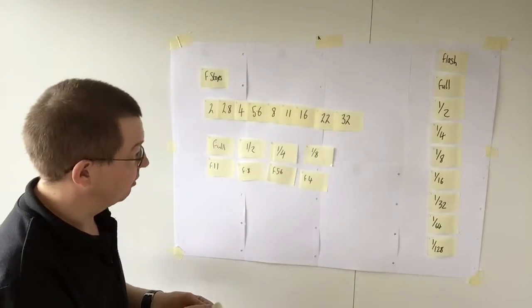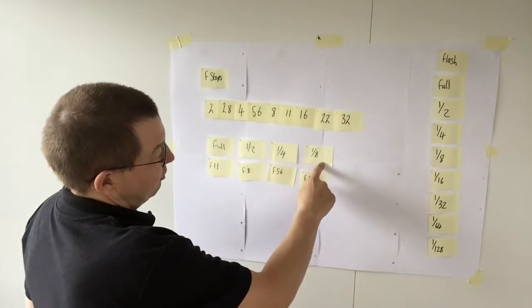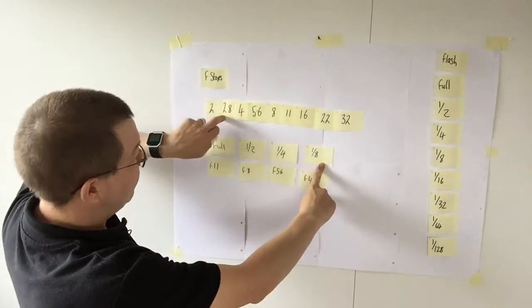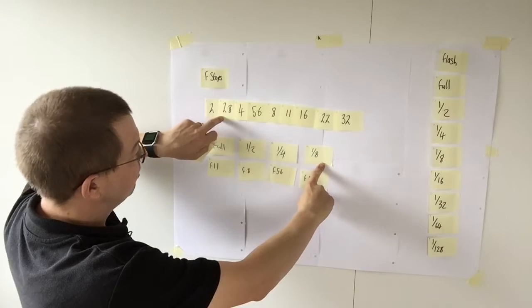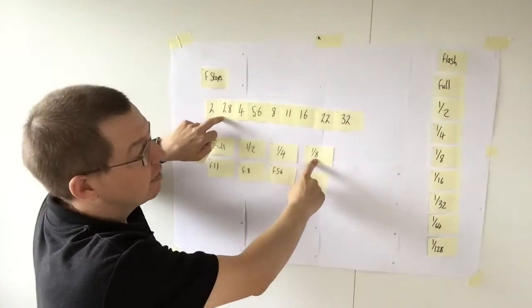Let's carry on. If we want to go down to f2.8, we would cut our flash in half again.